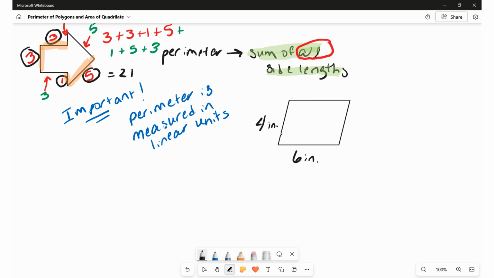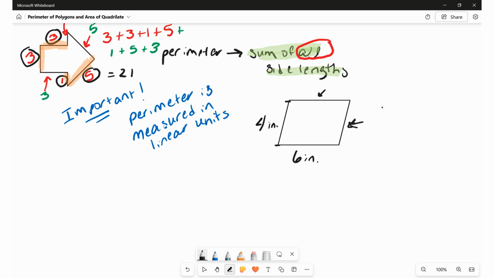Centimeters, meters, inches, feet, miles, all of those are linear units because we are only measuring the distance from vertex to vertex in a linear way. It's just putting a ruler down. So we have 4 inches and 6 inches. And then remember, we're also going to have these two.